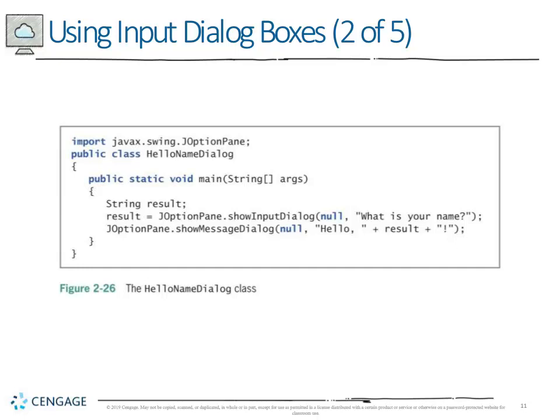For example, we can have a show input dialog method. In this program, we have a string result, and the result equals JOptionPane dot show input dialog. Then null, and the second is the question, what is your name?